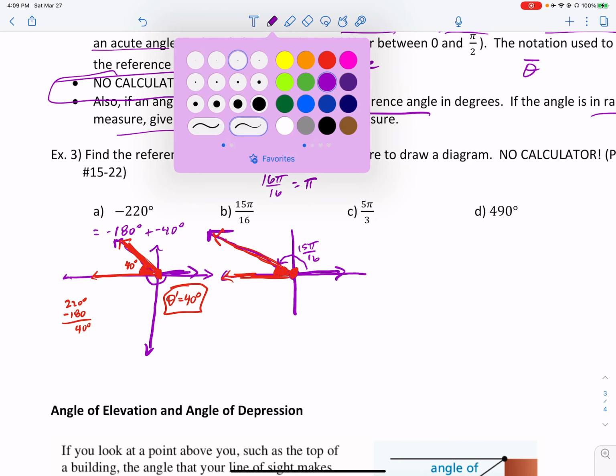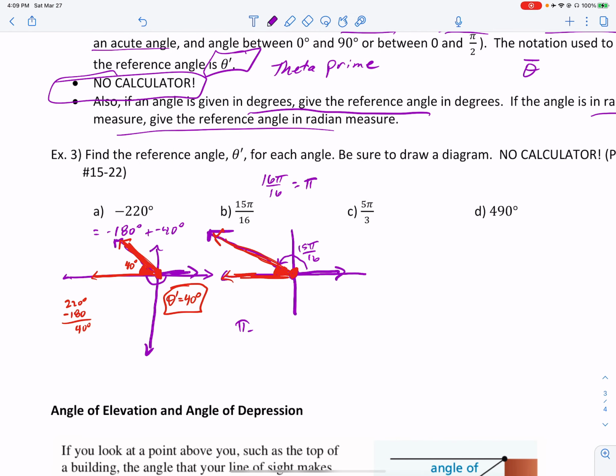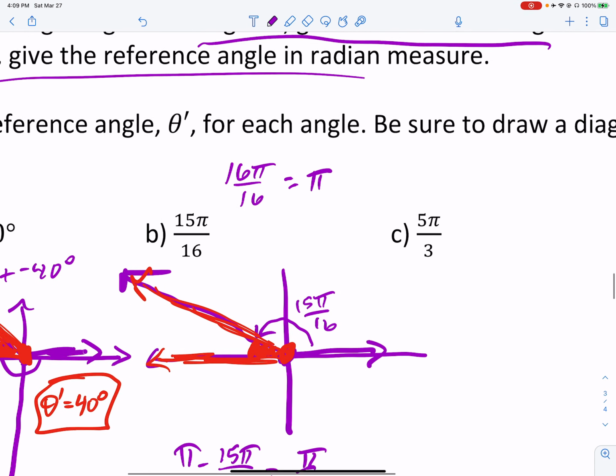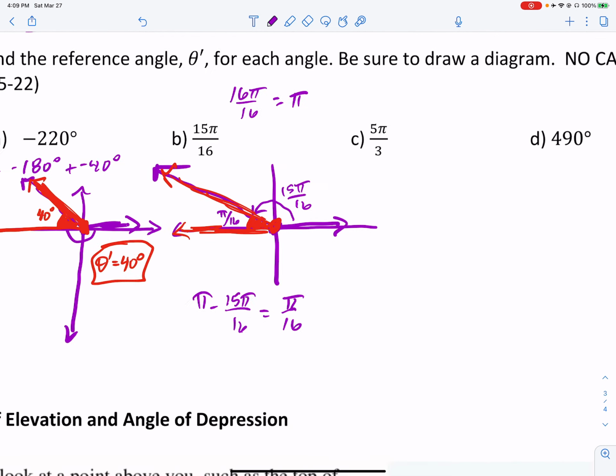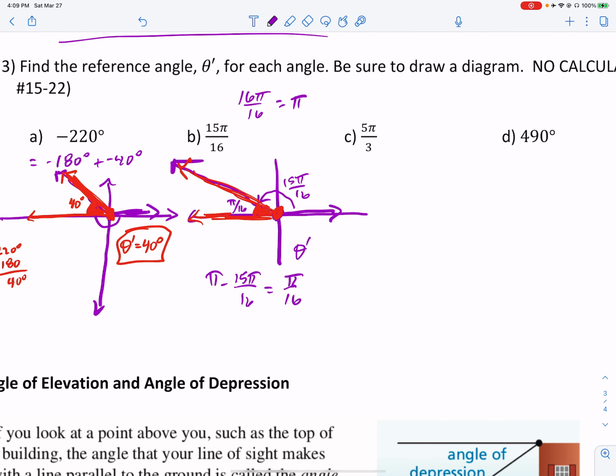Well, if I take pi and subtract 15 pi over 16, I have 1 pi over 16, and that is my reference angle. This angle is 1 pi over 16 short of a half a turn. So that's my reference angle. So my theta prime is pi over 16. So there's a little bit of work with fractions in there.